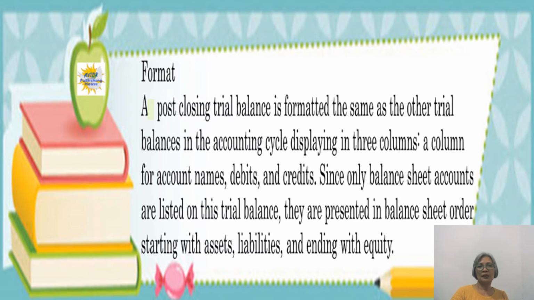So, the format in preparing a post-closing trial balance is the same as the other trial balances in the accounting cycle, displaying three columns: a column for account names, debits, and credits. Since only balance sheet accounts are listed on this trial balance, they are presented in balance sheet order, starting with assets, liabilities, and ending with equity.